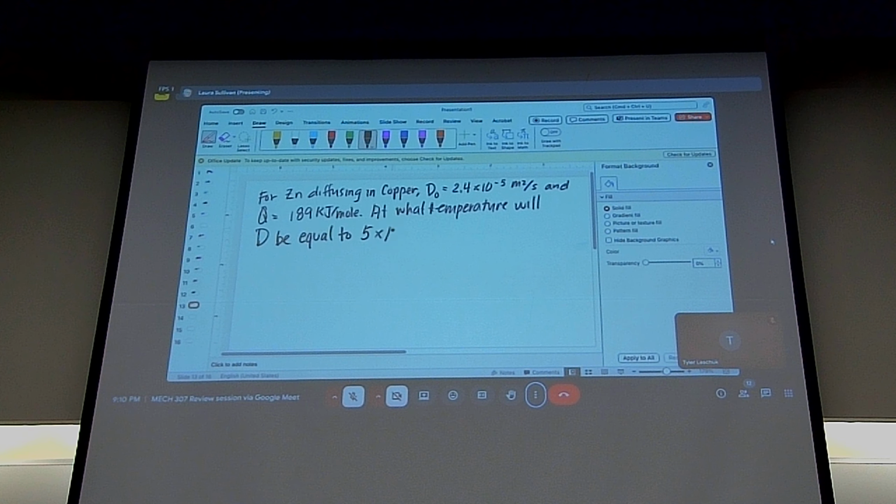5 times 10 to the negative 18 meters squared per second. Okay, so my unknown is temperature.